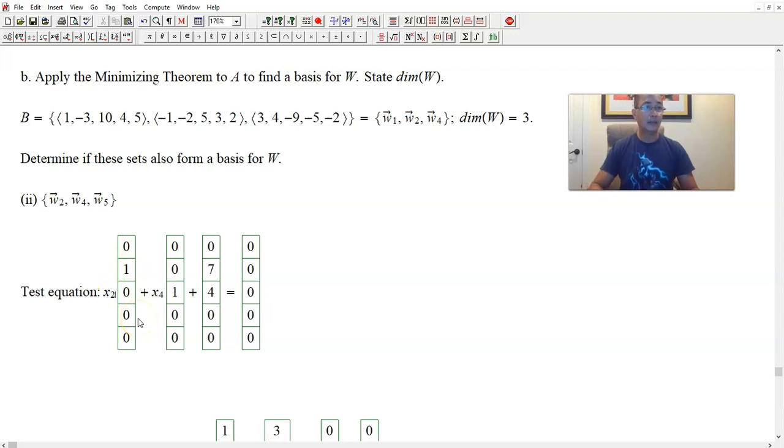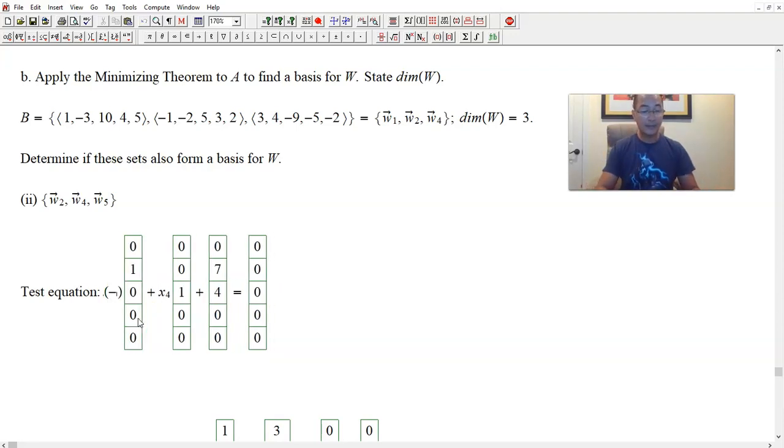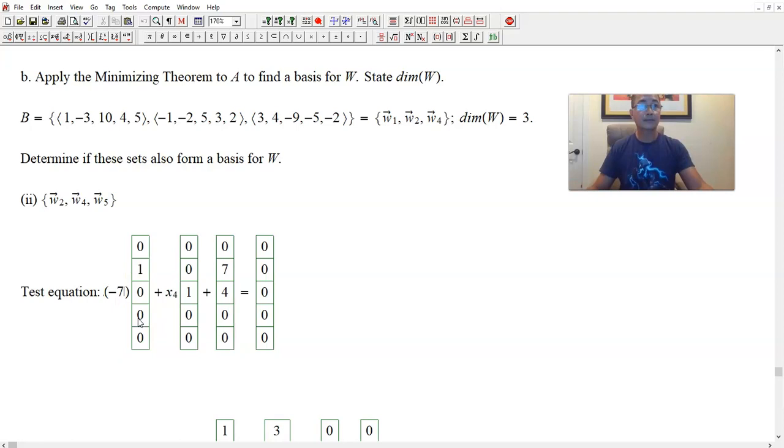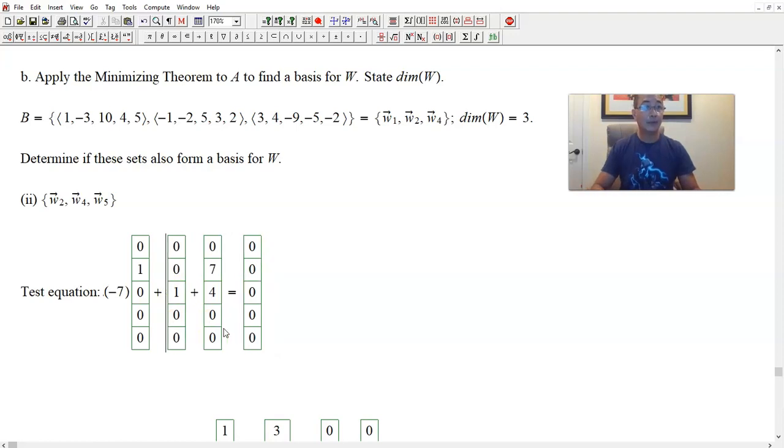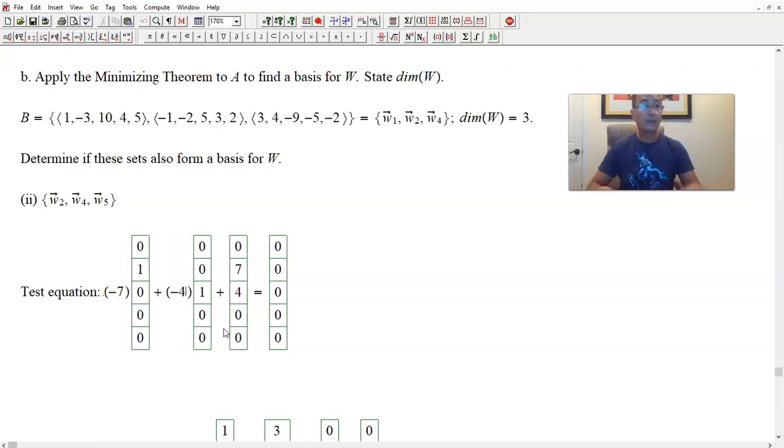I need a negative 7. And what about the 4? I need a negative 4. Okay, so that is a non-trivial linear combination that adds up to the 0 vector. So there is a non-trivial solution.